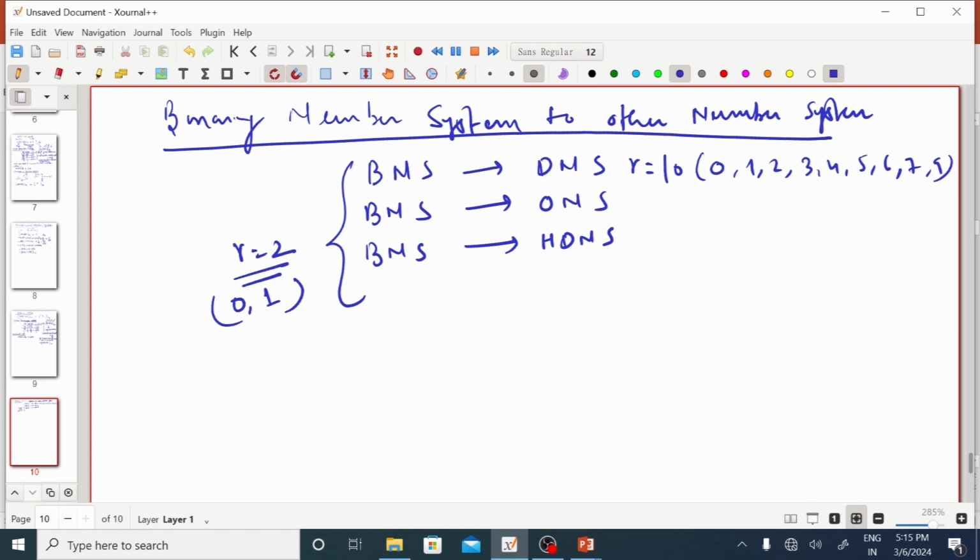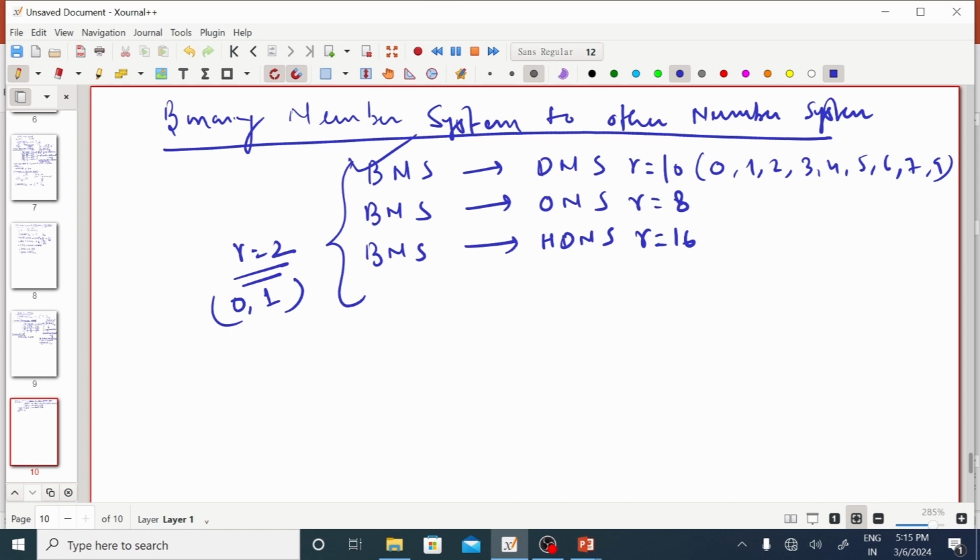That's why the base of this number system is 10. Octal number system, R is equal to 8, and hexadecimal, R is equal to 16. We already completed binary to decimal in previous lectures, and in this lecture we will cover binary to octal and binary to hexadecimal number system.